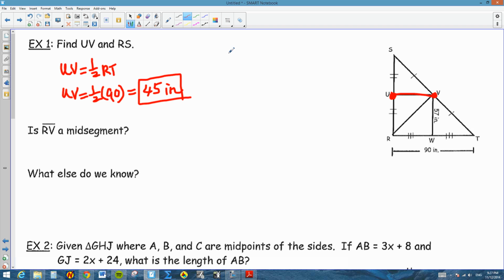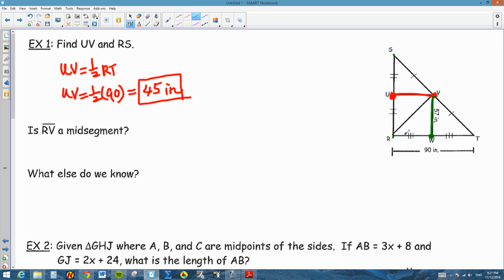So how do you find RS? Let's use a different color, the green one. The RS here is related to this one.